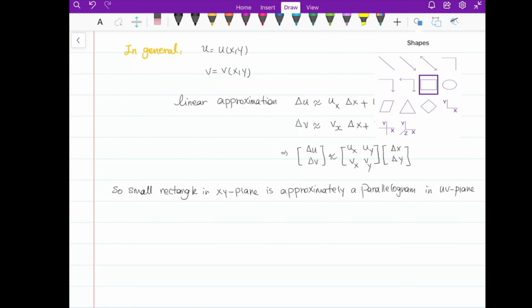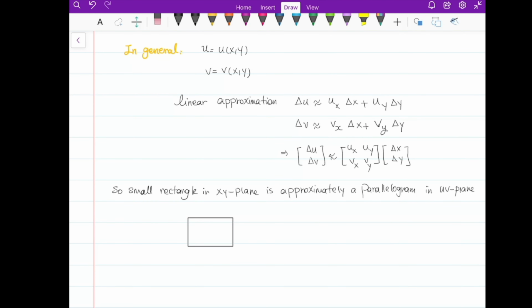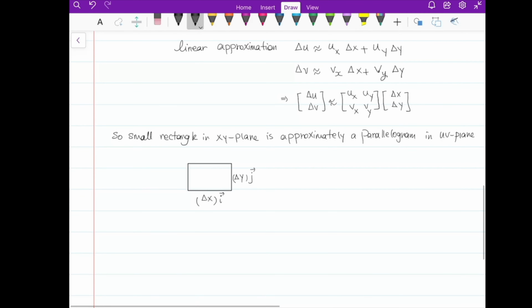It's just because, you see, if I have this rectangle in here with delta x and delta y, I can say that this is delta x times i, this is delta y times j, and let's see what's going to happen when I move these vectors using this transformation. So delta x i would be delta x and 0, right?